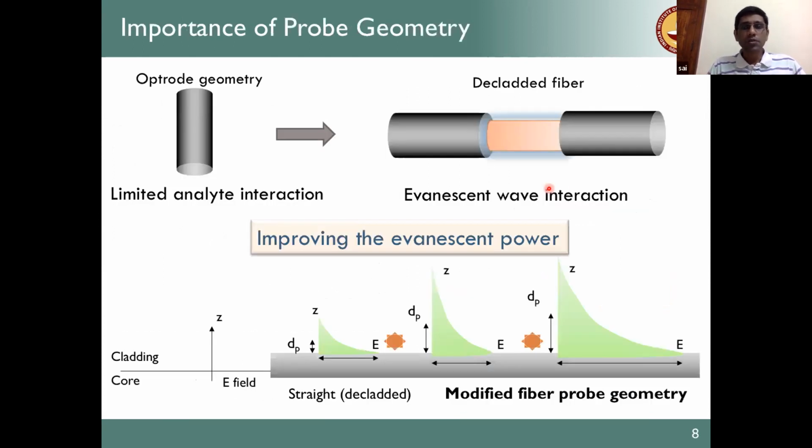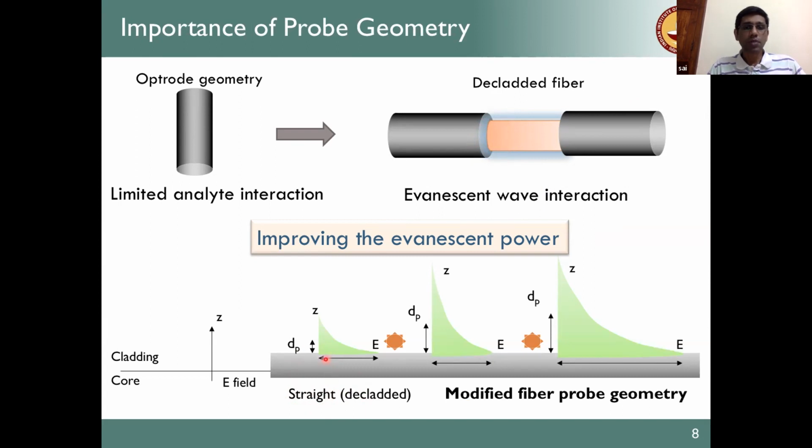So why are we using optical fiber? When we use optical fiber, here also you have this evanescent wave. The fiber has a core and cladding, and you need to remove the cladding so that you can access the core of the fiber where the light propagates. I'm talking about multimode fibers, not communication fibers.